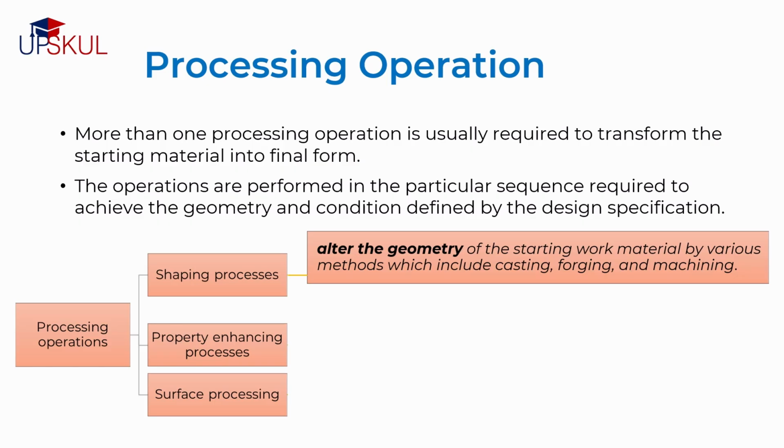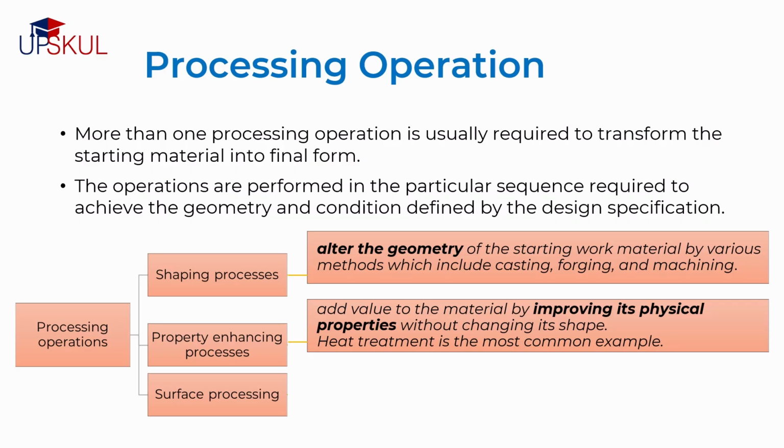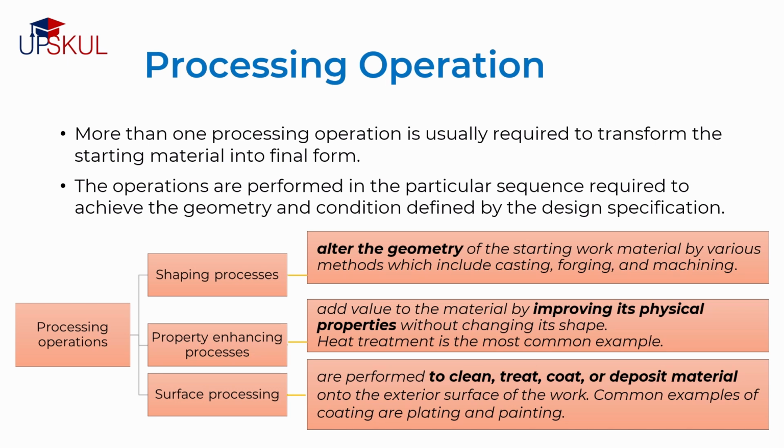Property enhancing operations add value to the material by improving its physical properties without changing its shape. Heat treatment is the most common example. Surface processing operations are performed to clean, treat, coat, or deposit material onto the exterior surface of the work. Common examples of coating are plating and painting.